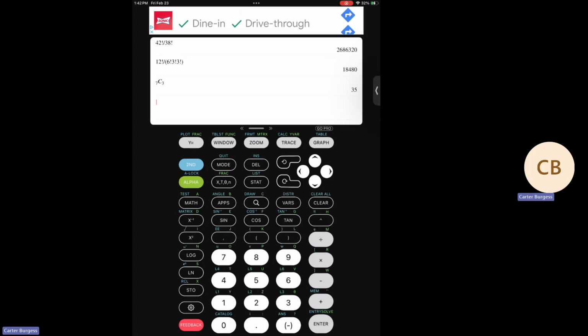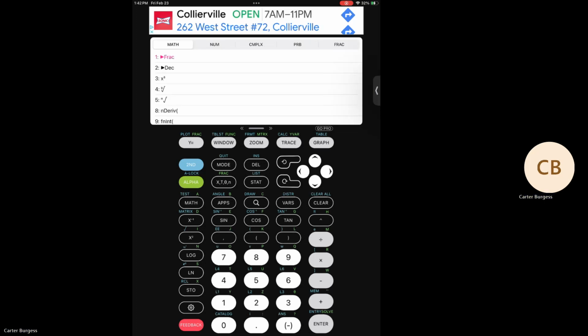If you go math, scroll over to prob, and then it's nCr. If you have an older version of the calculator, so if you're not using one of the classroom set, it'll require you to first enter n, then plug in the nCr, and then enter the number that you would like.